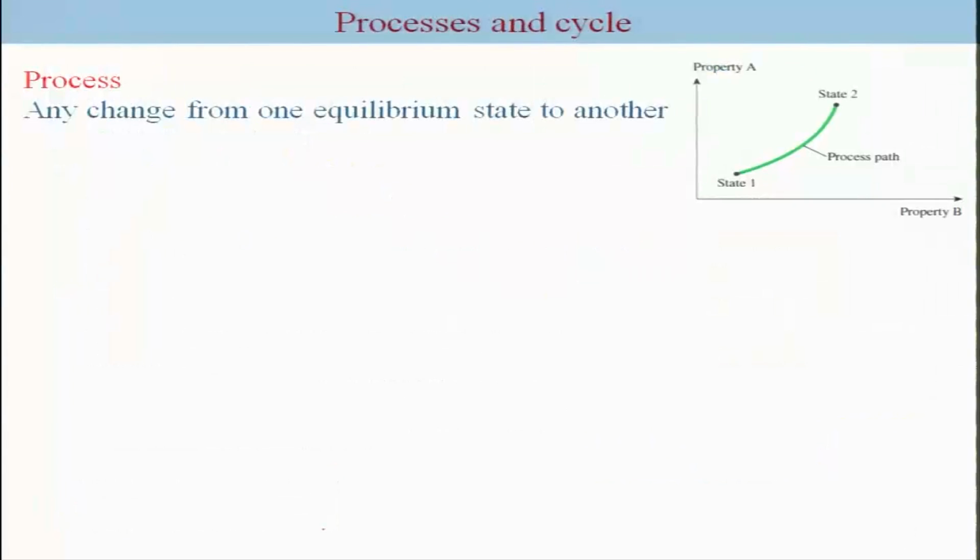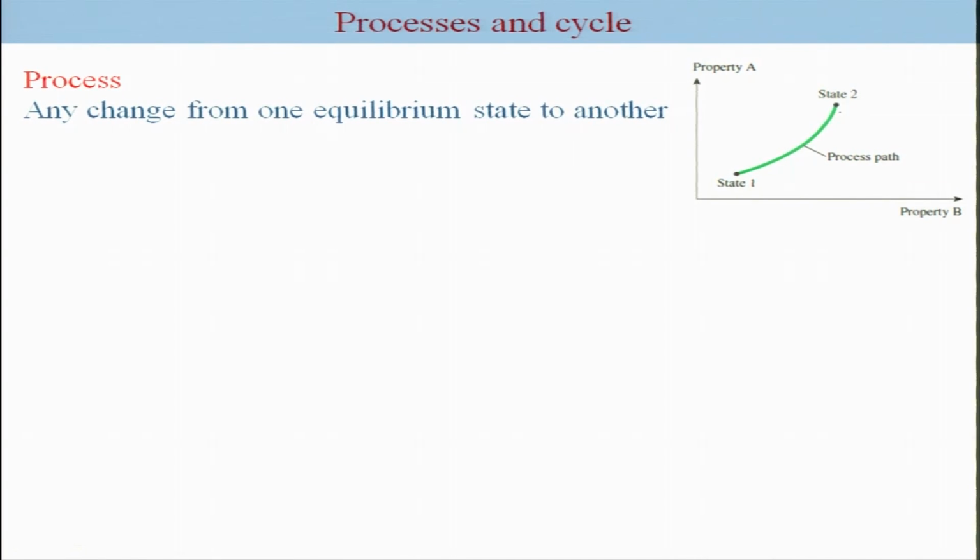Now, let me also define process. A process is any change from one equilibrium state to another state. So, this is state 1 and this is state 2, and this property A versus property B plot is called a process diagram.